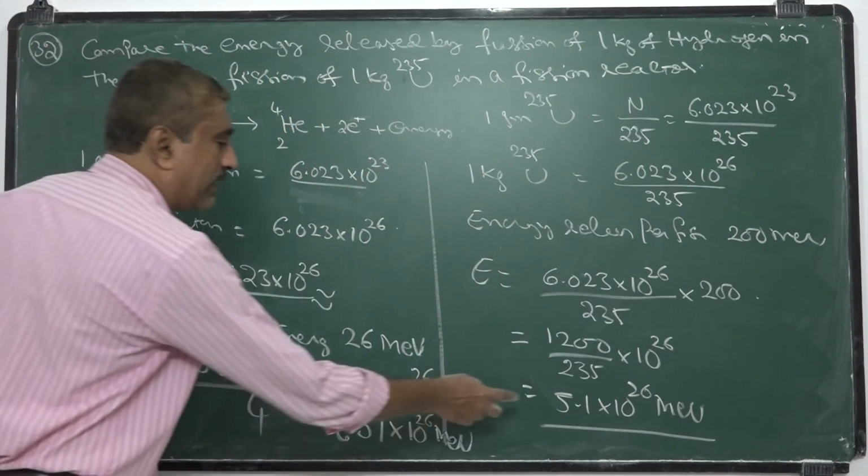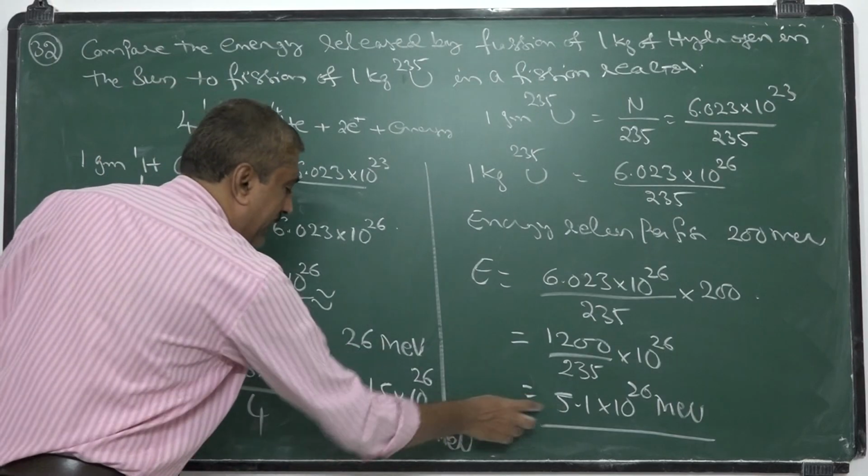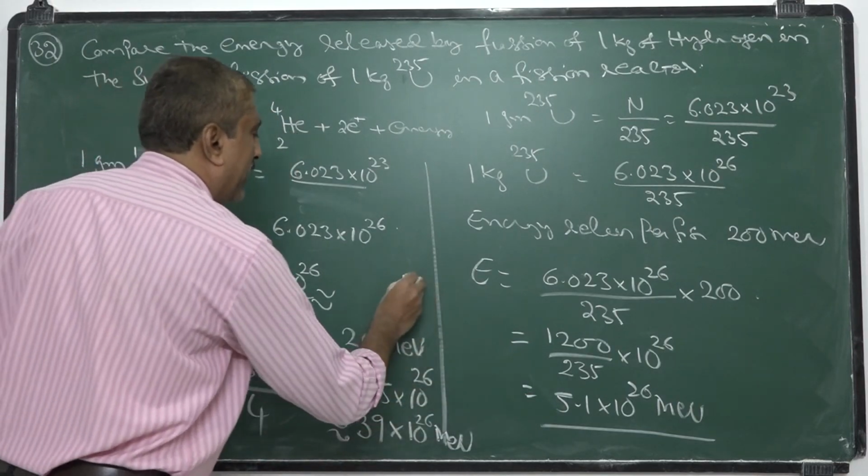That means approximately it is 8 times; 5 8s are 40. So approximately 8 times.